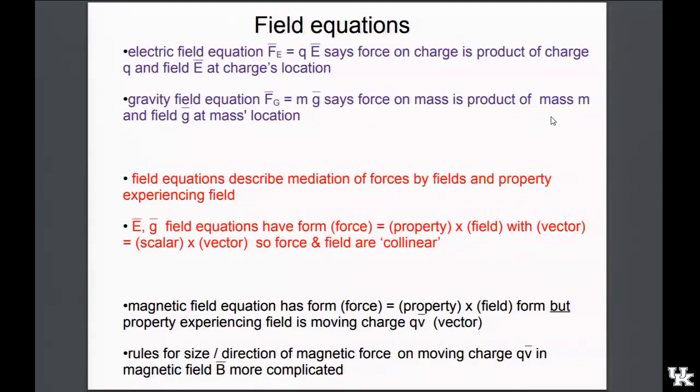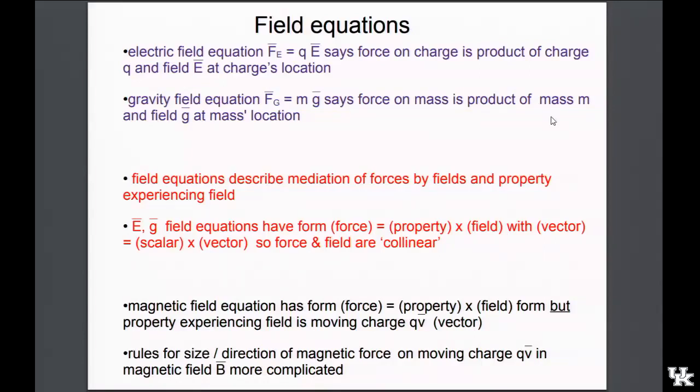So they tell us how the fields convey the forces. If you look at the structure of those equations upstairs here, they have the form of a vector, which is the force, equaling another vector, which are the fields, times a scalar, which are the masses or the charges. So they both have that form.